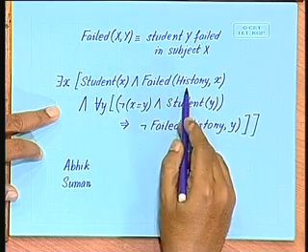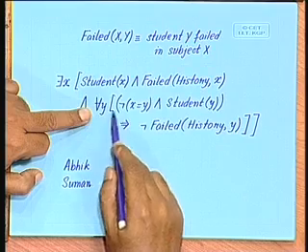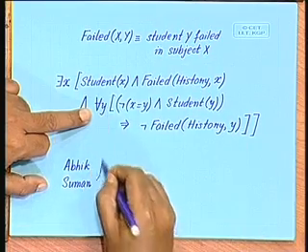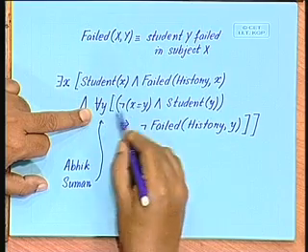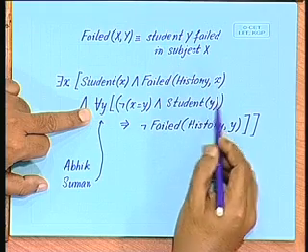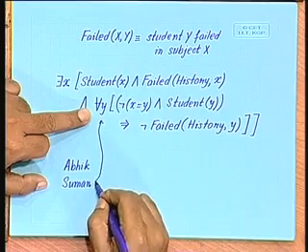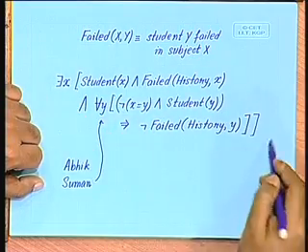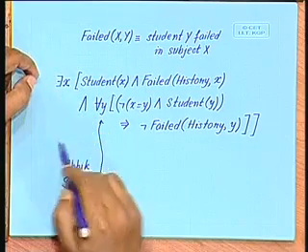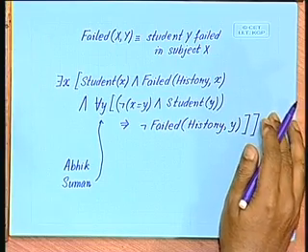Abhik is a student, Abhik failed in history, fine, and then for all y you have to satisfy this, but for all y means that one of those y's is Suman, right, and Suman is not equal to Abhik and Suman is a student, right. Then it should be the case that not failed history Suman, but that is a contradiction because Suman has failed. So, therefore, this whole thing is going to fail, right. So, this whole statement is going to be true only when there is exactly one student who has failed history.